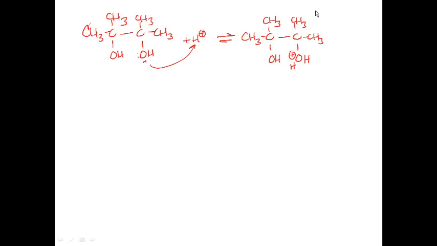And what do you think happens next when I form this oxonium ion? If you said it would leave, you're correct. So what's going to happen is I'm going to break that carbon-oxygen bond, and I'm going to end up forming this tertiary carbocation, which is pretty stable.